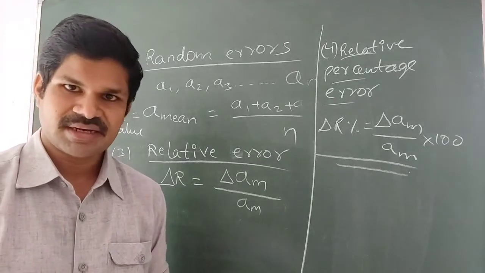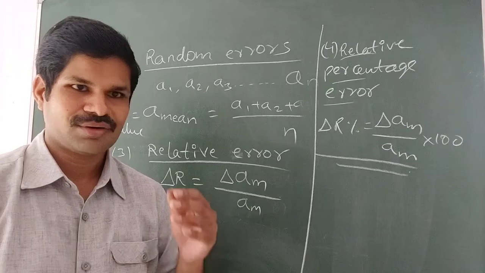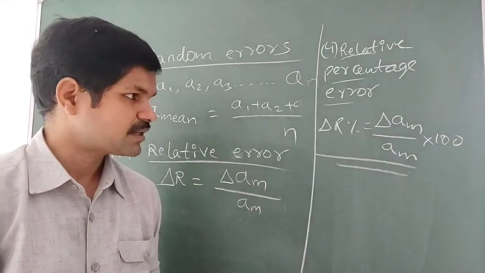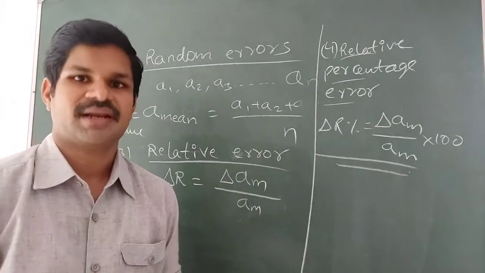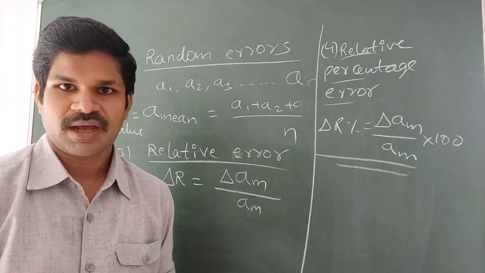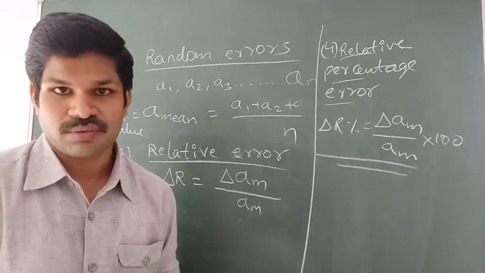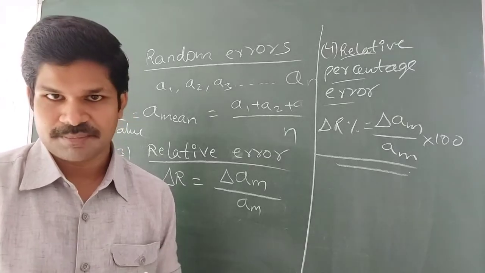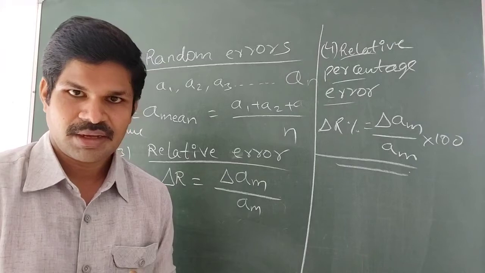In systematic errors, if you know the error type and know how to avoid it, it is easier. But in random errors, we also need to check the errors in arithmetic operations: how the error will be in addition, in subtraction, in multiplication, and in division.